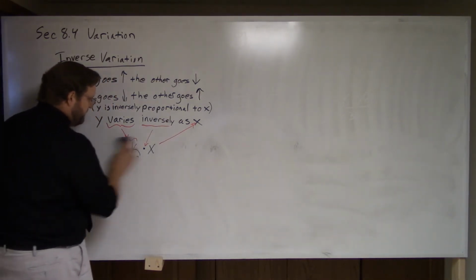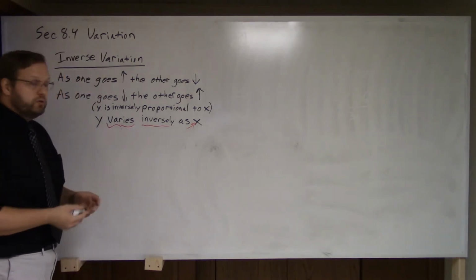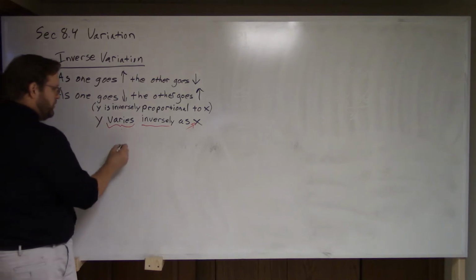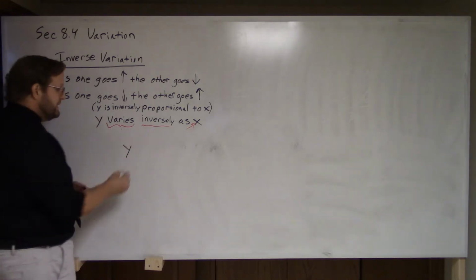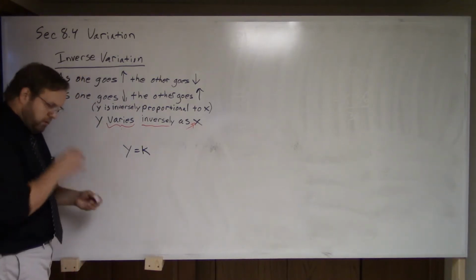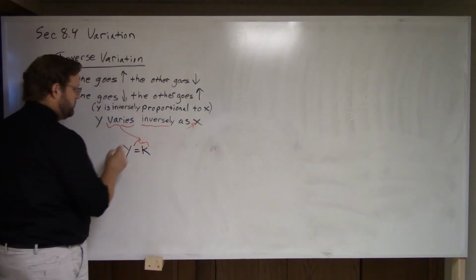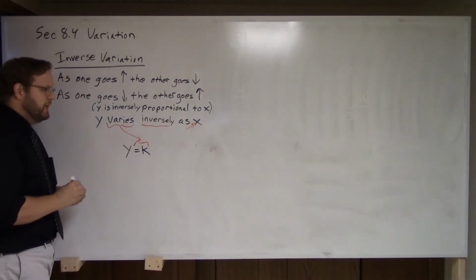We're still going to have that constant of variation. However, this is what we're going to do to translate. We start with y. Varies is still going to be that constant of variation.